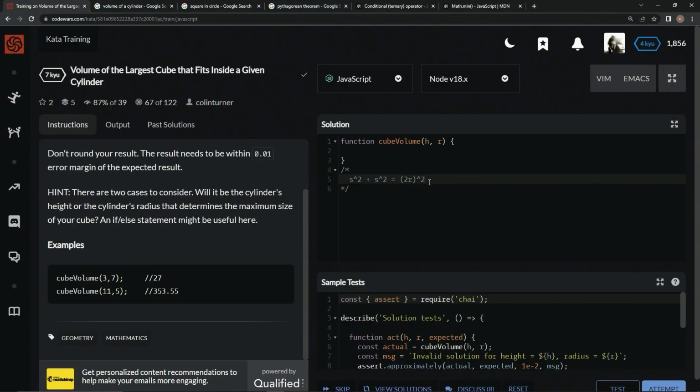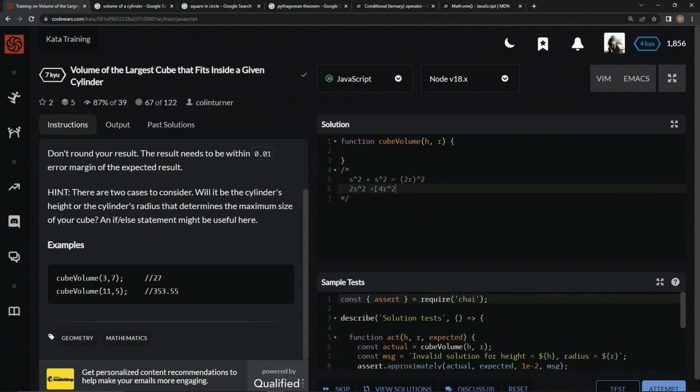So let's simplify this down. We're going to make this 2s squared. That's what this is. Okay, and that equals this thing right here. But we can simplify this too. We can square this and make it 4r squared. Okay, so we've got that going on.